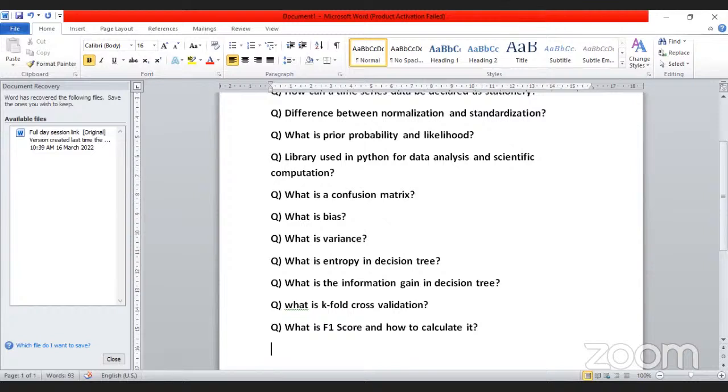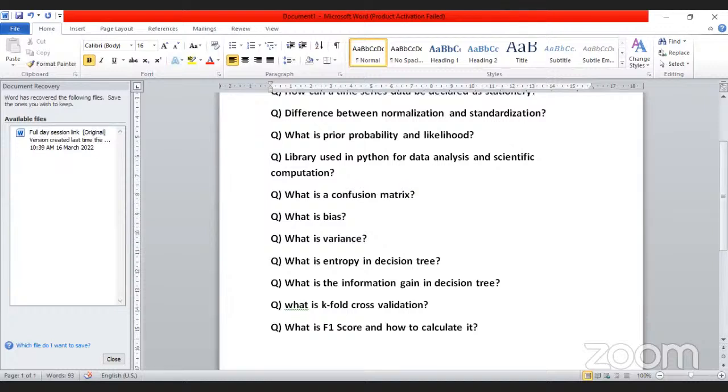The F1 score helps us calculate the harmonic mean of the precision and recall. It gives us the test accuracy. If the F1 score is equal to 1, that means the precision and recall are accurate.